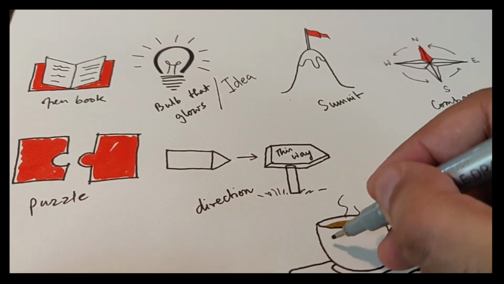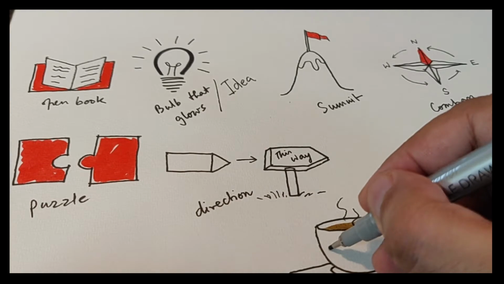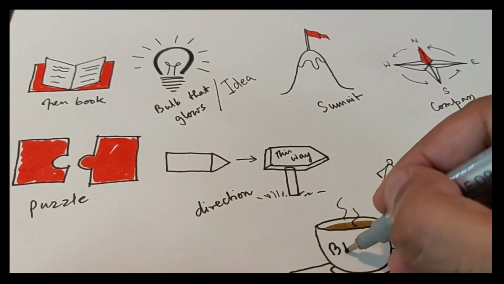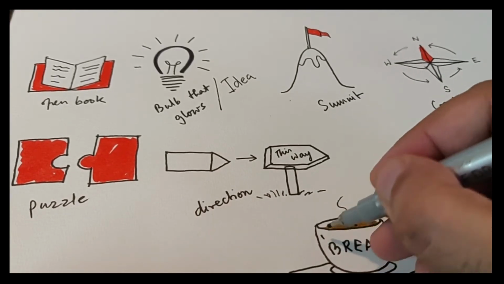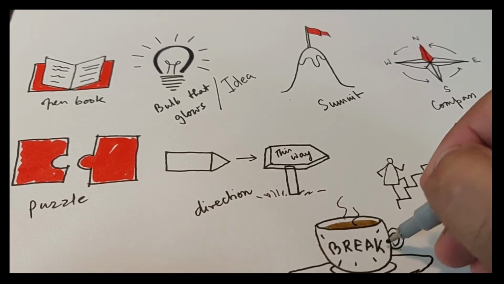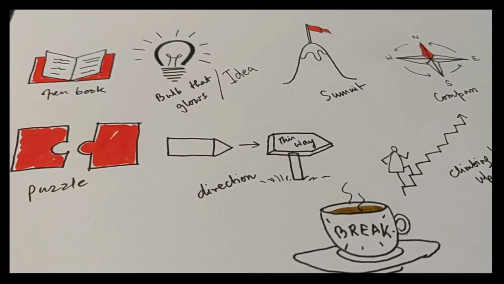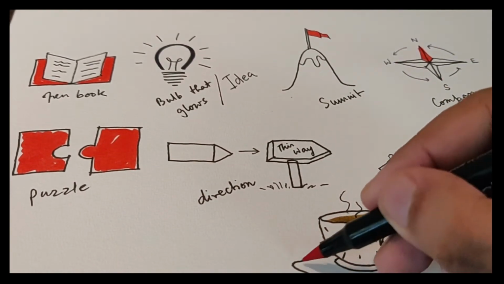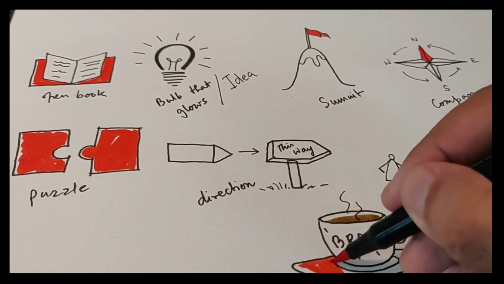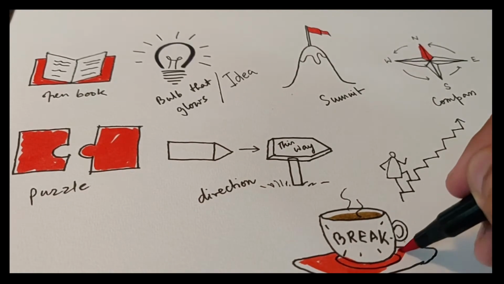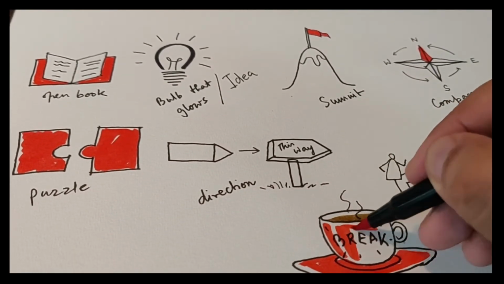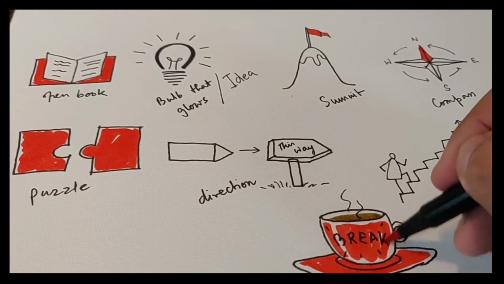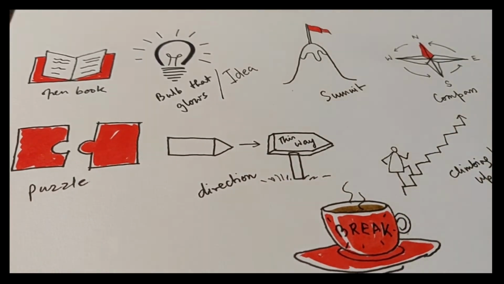And if you want to just write break, you can do that over here. So that's a coffee cup for you. You can actually color the plate or the cup if you really want to. It's totally up to you.